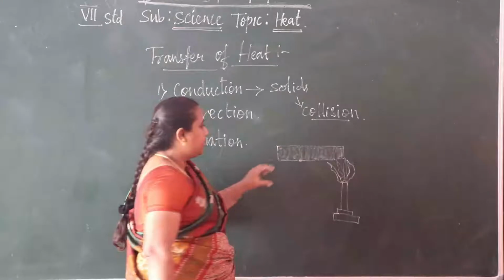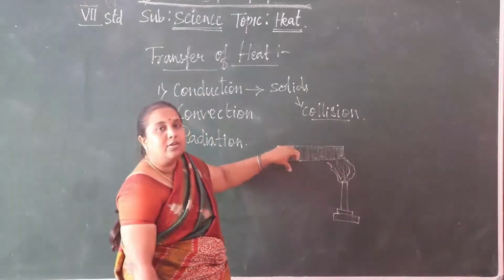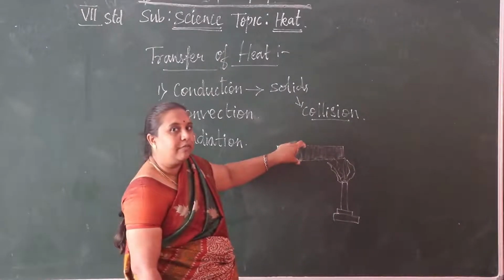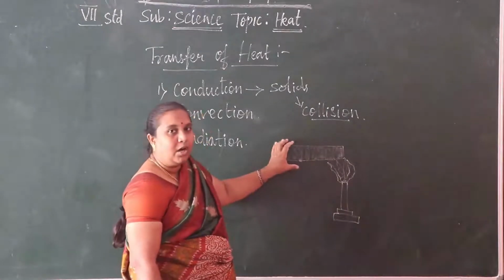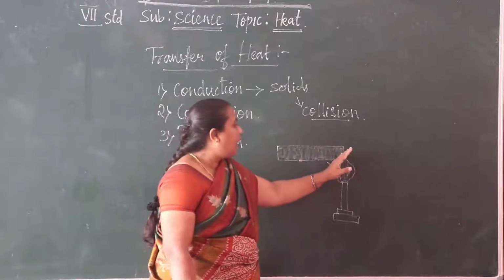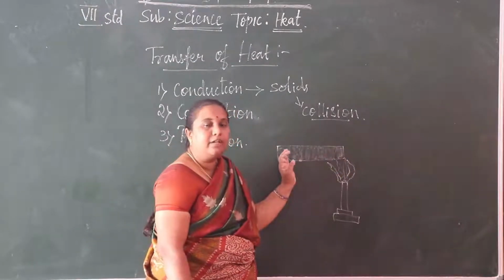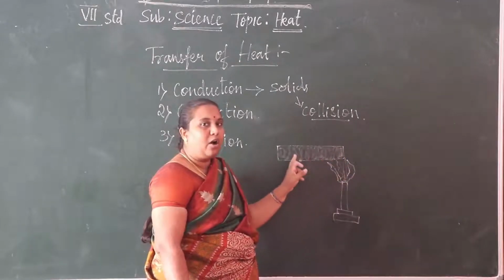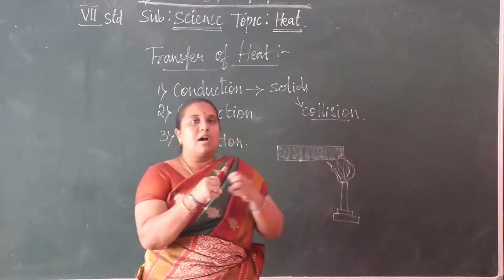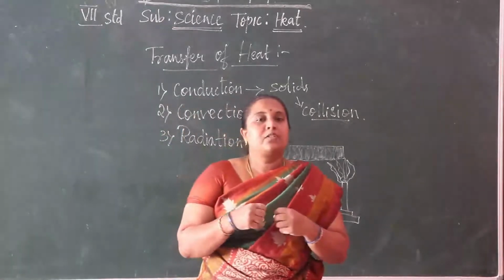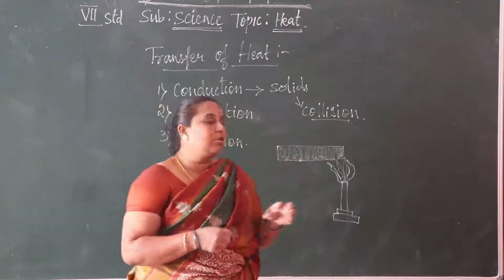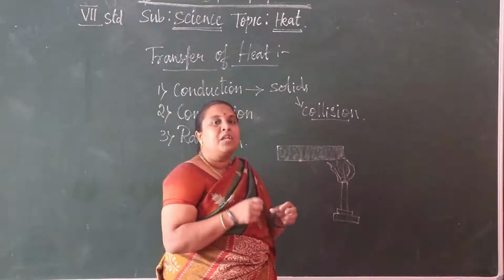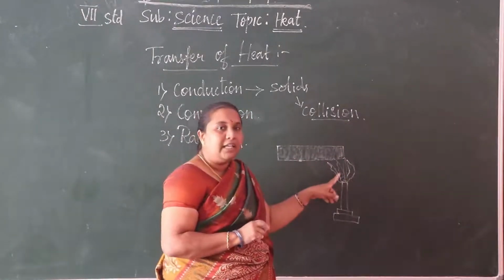After that, sometimes we can't hold it. So this part of the object also gets heated after some time, and the iron rod gets heated fully. How? The molecules inside the iron rod collide with each other, through the vibration of the molecules caused by heating.